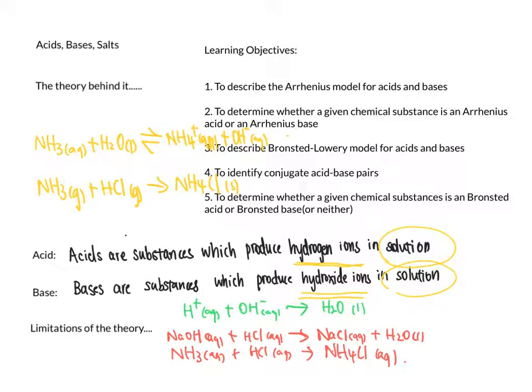There aren't any hydrogen ions or hydroxide ions here because there isn't any solution. The Arrhenius theory wouldn't count this as an acid-base reaction, despite the fact that it is producing the same product as when the two substances were in solution. And we will be discussing that more later on.